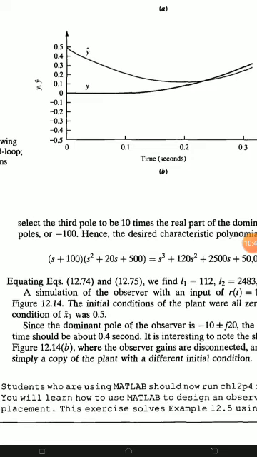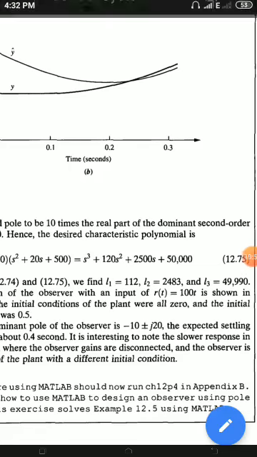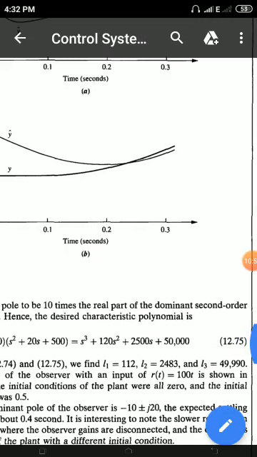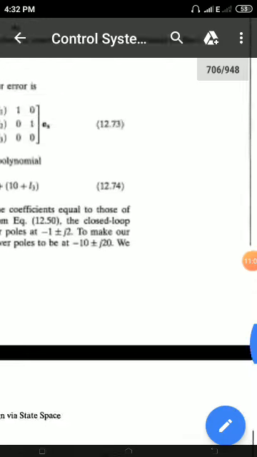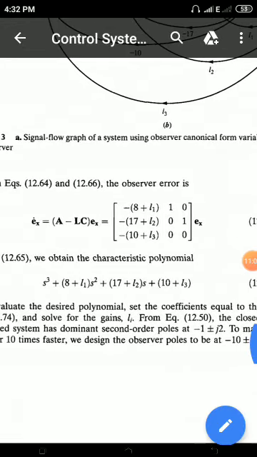Multiplying (s plus 100) into (s squared plus 20s plus 500) gives s cubed plus 120 s squared plus 2500 s plus 50000. This is your desired characteristic equation, equation 12.75. Now just compare it with the actual characteristic equation, equation 12.74. Compare the coefficients of s squared, s, and the constant term.